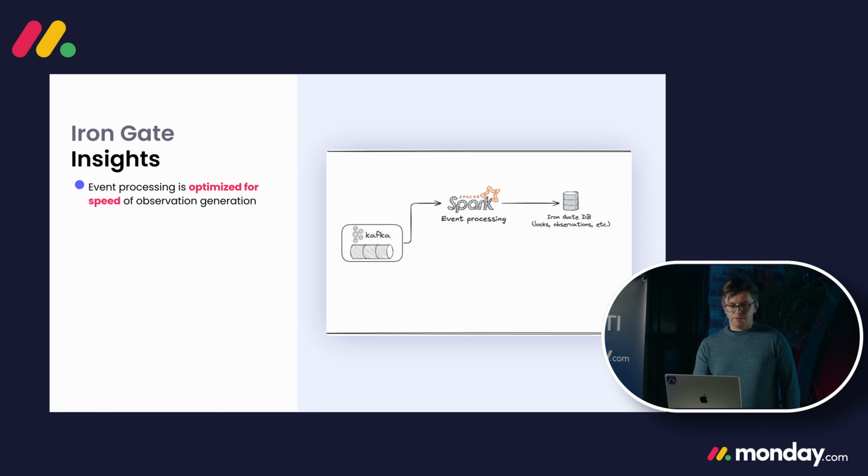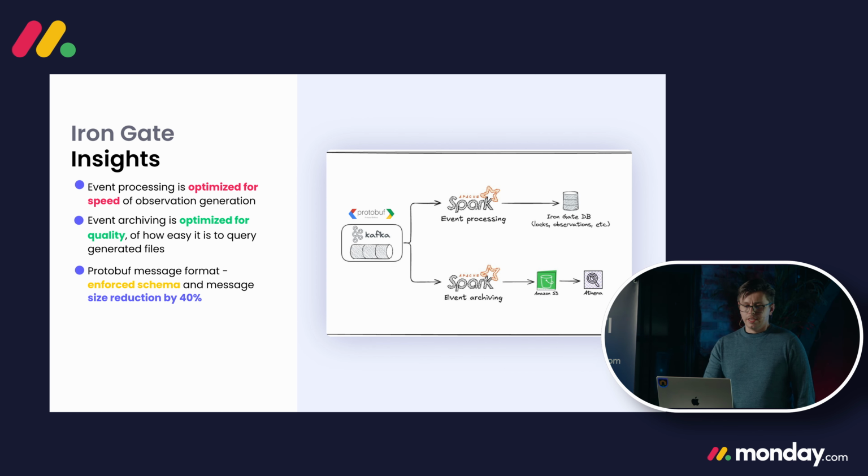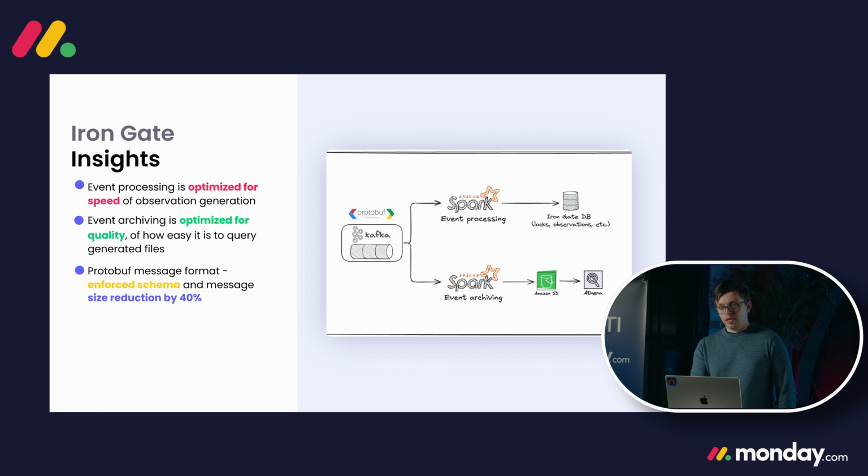You already saw the flow regarding generating the observations and then generating the logs, and that one is optimized for speed of the observation generation. But we also have another flow, focused on collecting the events and archiving them, in our case in S3.